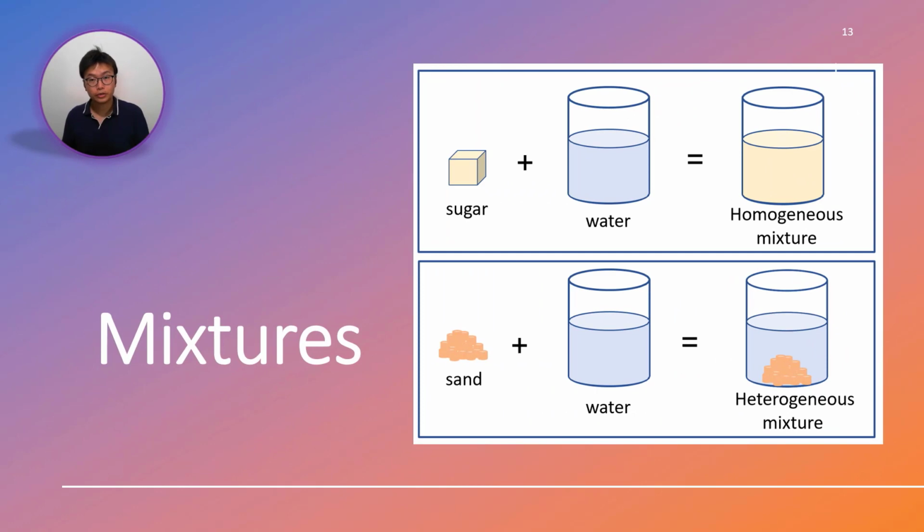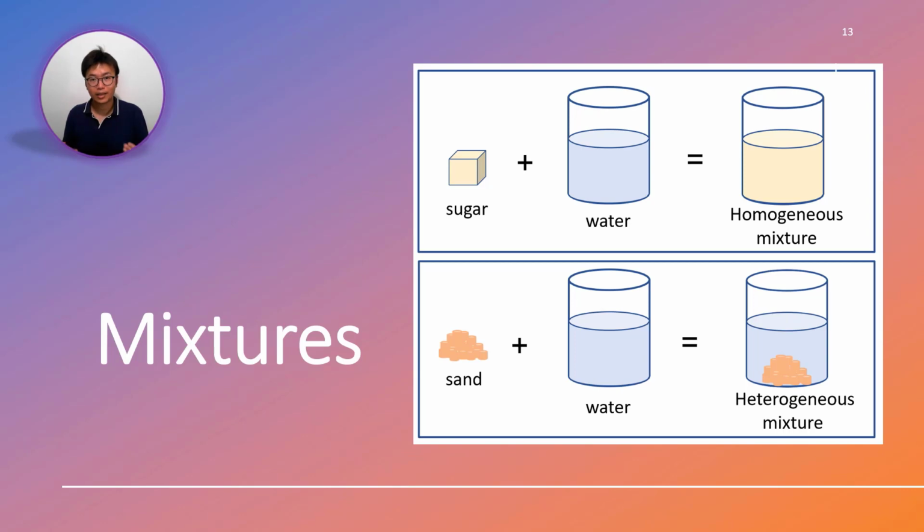So to continue with our discussion on mixture, here are two examples. The first example, I'm putting sugar into water and then I mix it, and my sugar would dissolve in water, and I will not be able to distinguish where's the sugar, where's the water. Everything is just a uniform texture. So this will be an example of a homogeneous mixture.